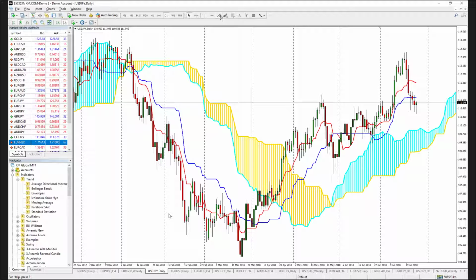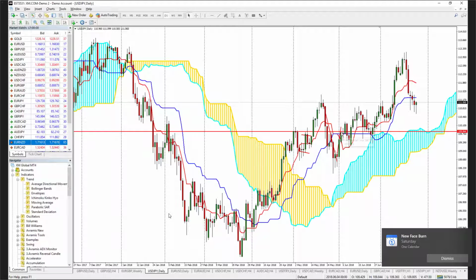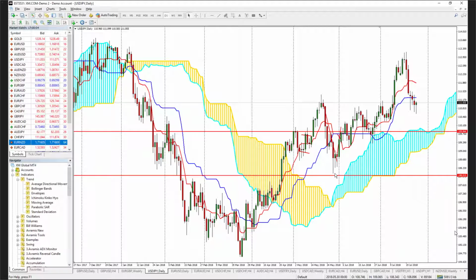If he didn't take that, when price closes below Tenkan-sen and recloses above Tenkan-sen is seen as a buy signal. A better buy signal, of course, is when price closes below Kijun-sen and then recloses back above Kijun-sen, the blue line. Now, again, in that case, we could take a buy signal above the candle that closed above Kijun-sen with a stop below the recent low of the correction.